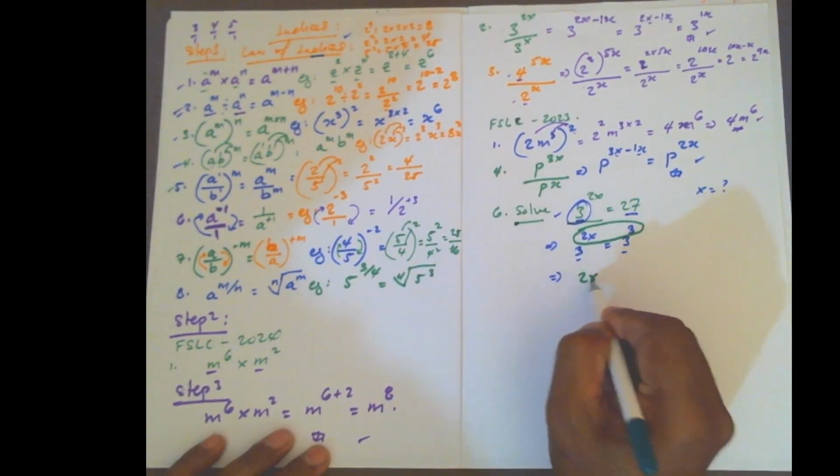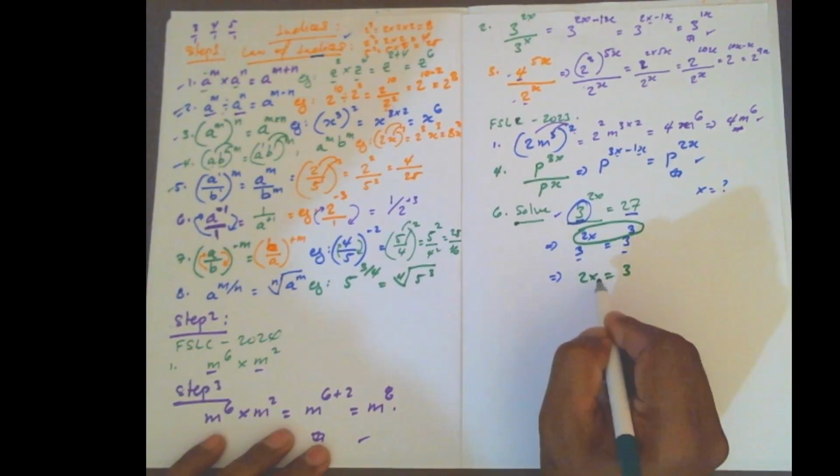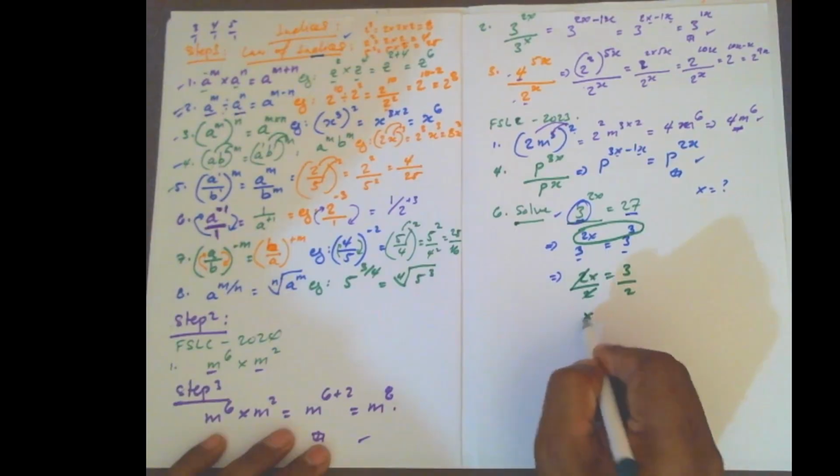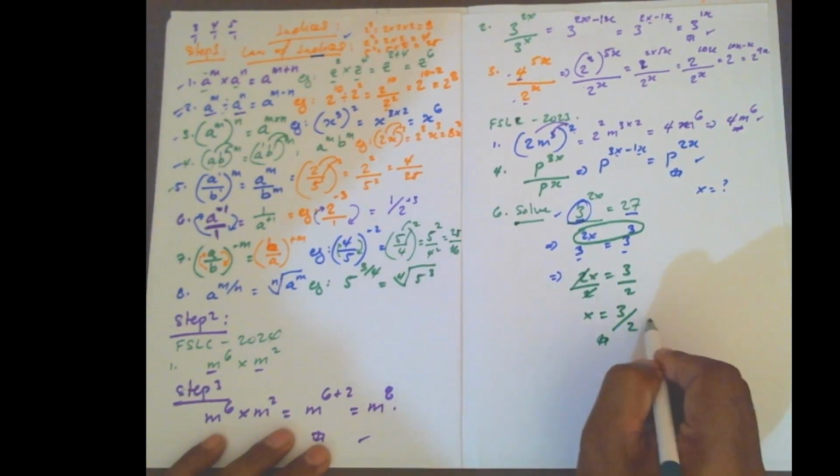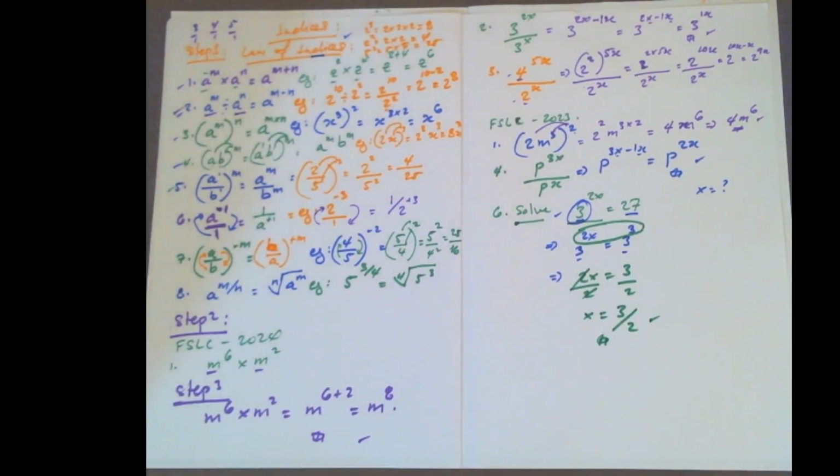So 2x equals 3. I want to find x. Divide by 2 on both sides, this cancels out. x equals 3 over 2, and that's your answer. I hope that will help you in preparing for the exam. We'll use the same concept in answering past year papers.